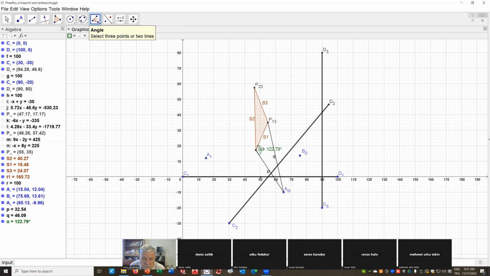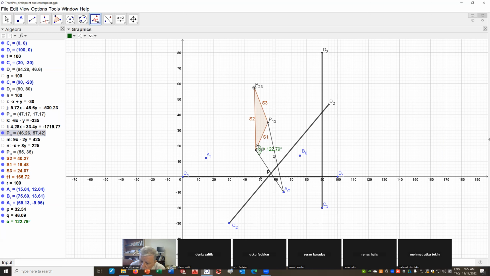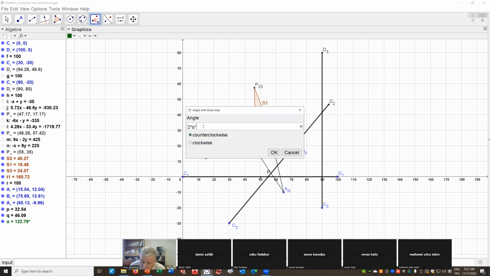So C0 must be on the line at an angle of a given size, P23, P12, this time it is alpha in the counterclockwise direction.